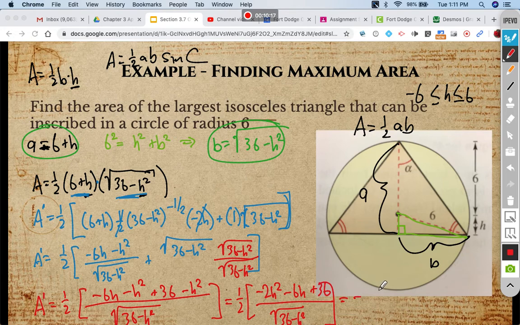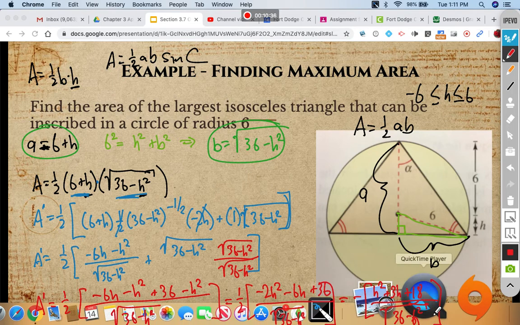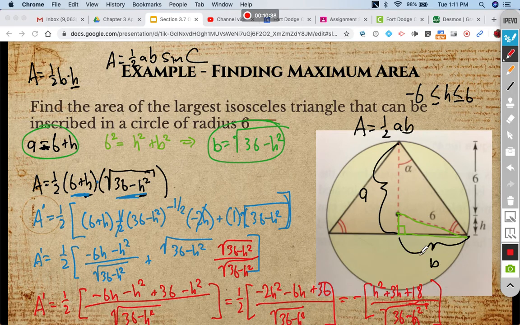So this is going to be the opposite of h squared plus 3h plus 18 over the square root of 36 minus h squared. Okay, so I need that to equal 0.